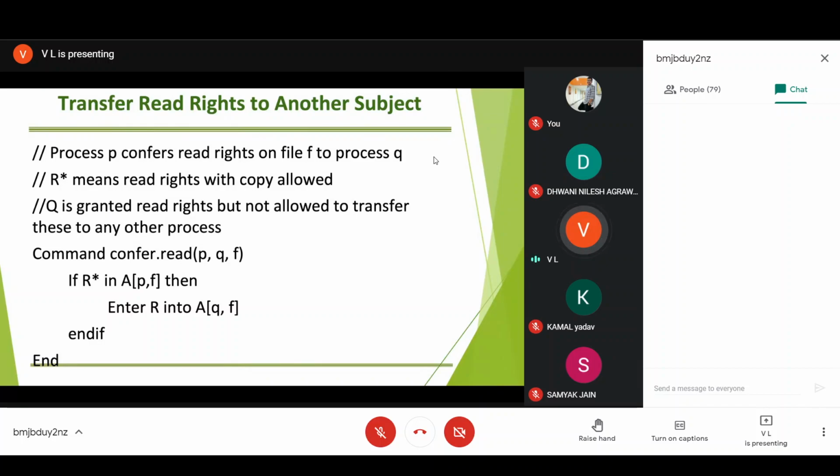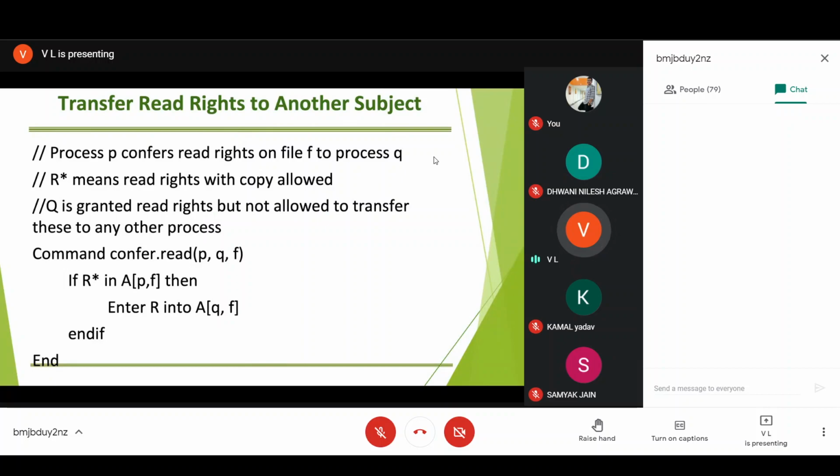So sometimes a process can assign rights to another process Q, and these rights can be delegated by process Q to yet another process. So when a process assigns a right to another process and also allows it to transfer those rights, then the situation becomes slightly more involved, and revoking the right needs care.